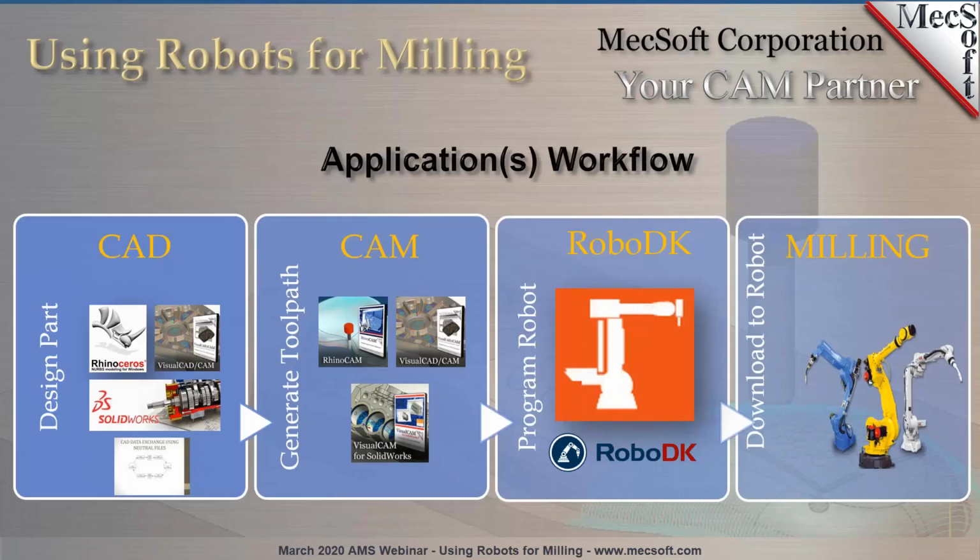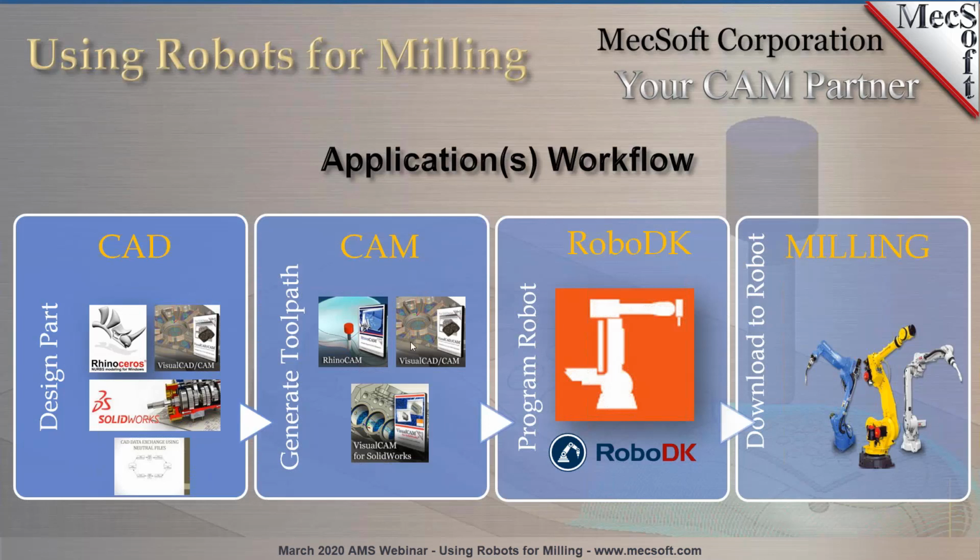So folks, just to give you a quick application workflow overview. The CAD is where you would be designing or importing your files. It could be designed in your CAD system, Rhino, SolidWorks, or whatever CAD system you choose.